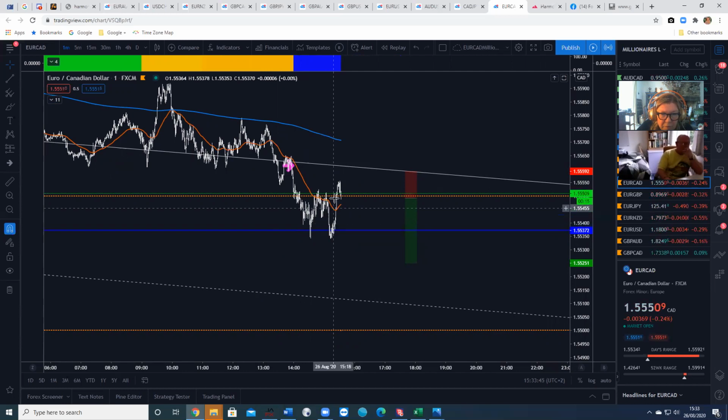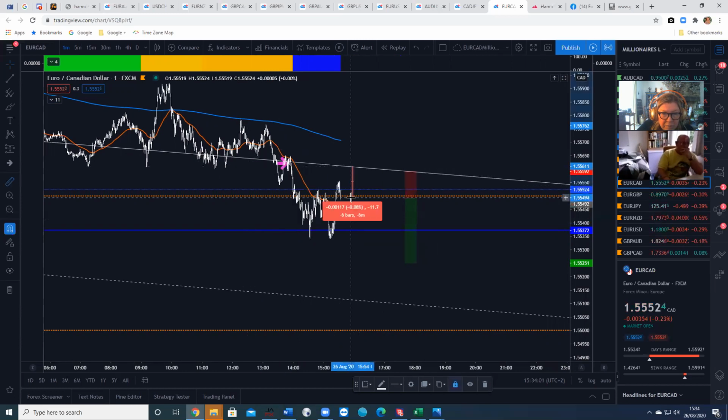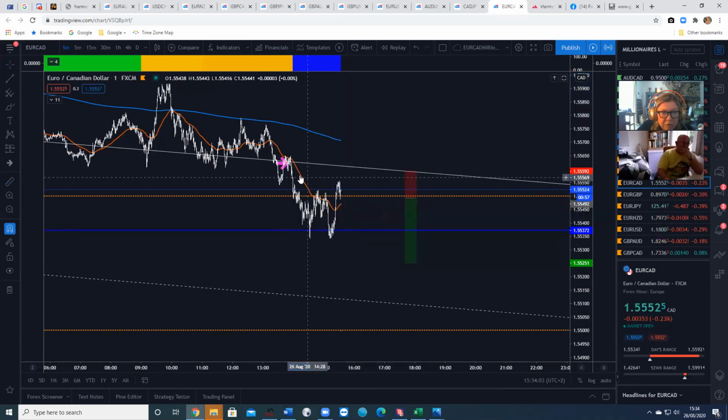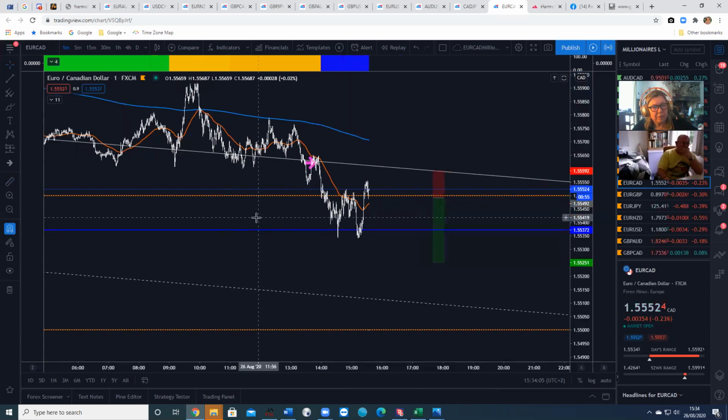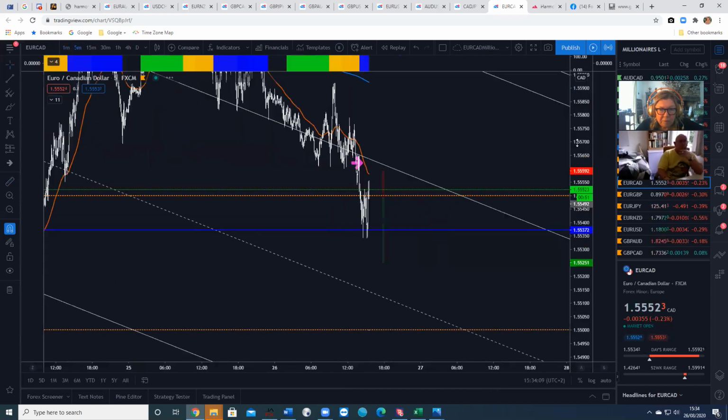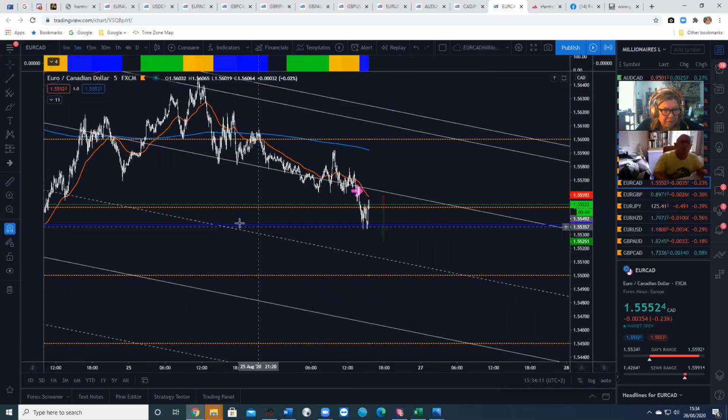Another move down again. So this was a very good entry, although you've got the quarter theory cutting through your entry. That would have cut through your entry. So not an ideal entry by about where your stop profit would be. So I'm just going through this one because I'm wondering whether we look at it for a sell.